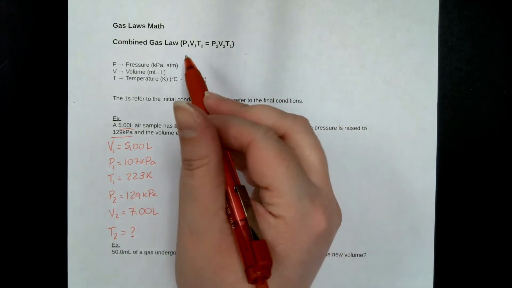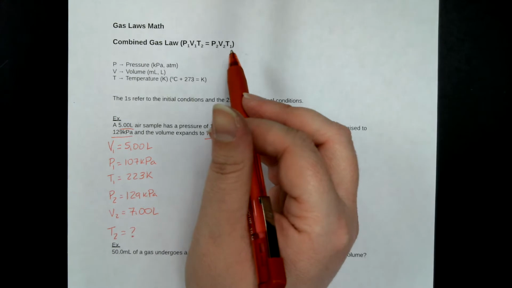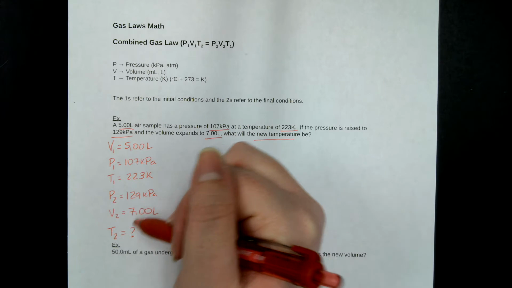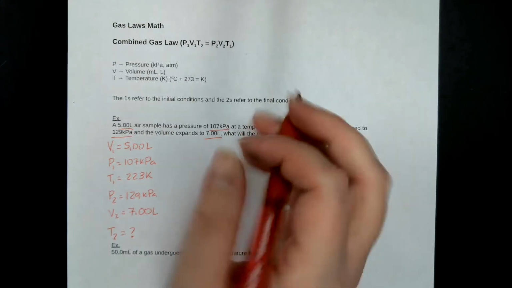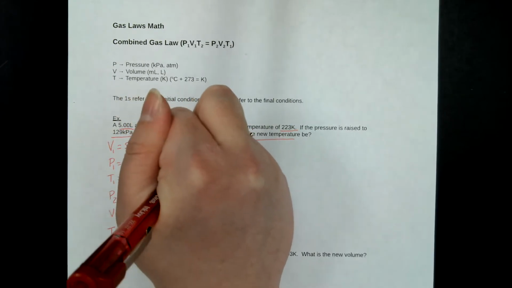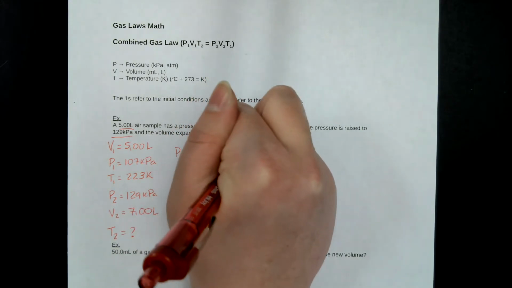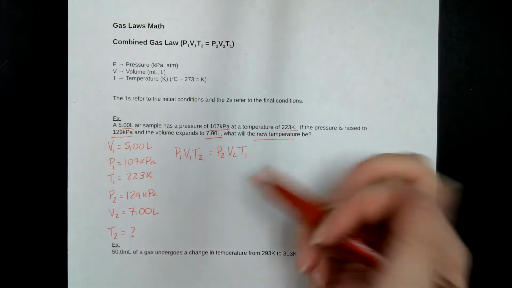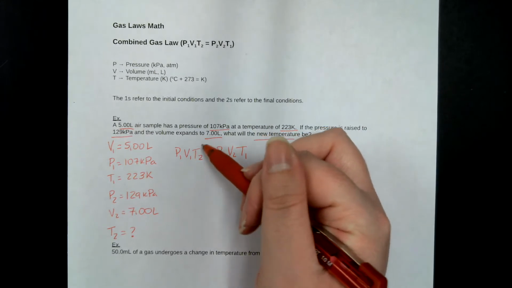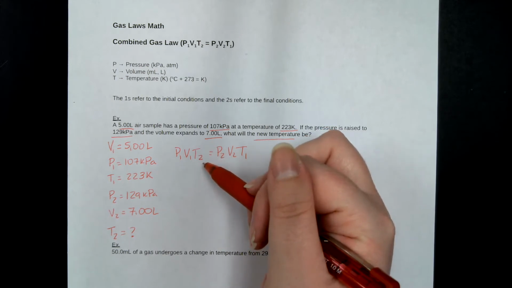Now, our base equation for this problem, since it is a combined gas law problem, we have an initial set of conditions and a final set of conditions with one missing. The base equation is as written. P1 V1 T2 is P2 V2 T1. Now, since I am solving for T2, that is the thing that I want all by its lonesome on one side of the equation.